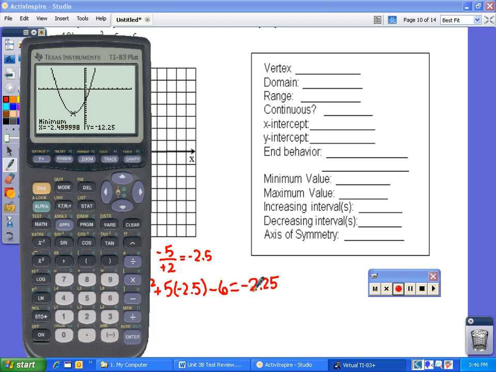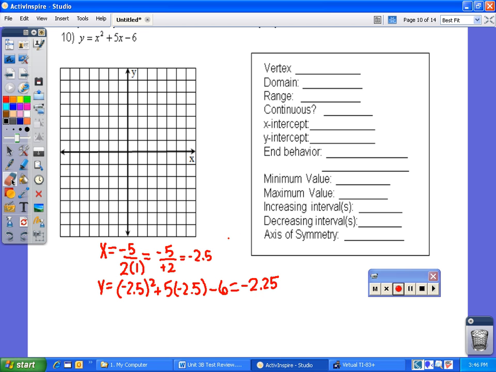See? It's not negative 2.25, it's negative 12.25. So it's negative 2.5 because you can round because of all these 9s, and negative 12.25. So these two numbers would go here for the vertex.